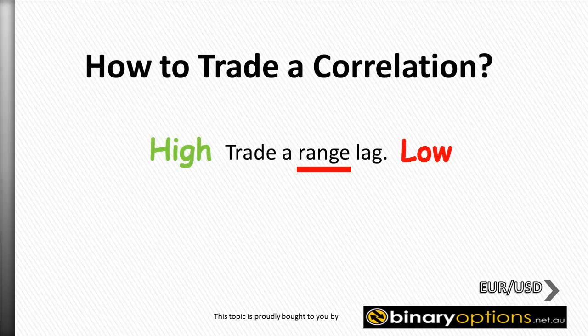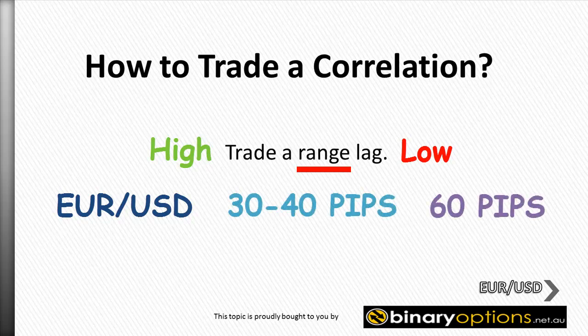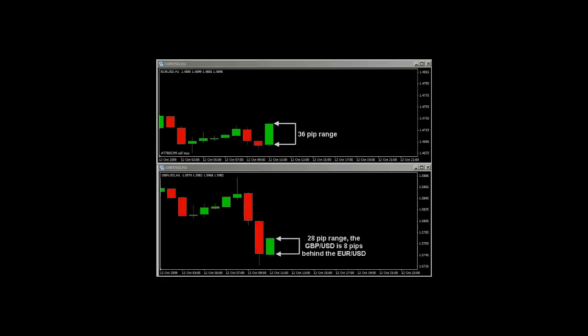On average, the Euro-US dollar has a daily range of approximately 30 to 40 pips. More volatile swing days can see the range widen to 60 pips. Because the pound against the US dollar is known to have a larger range than the Euro-US dollar pair, and the pair are positively correlated and generally move in the same direction, traders are able to identify a potential trade opportunity.